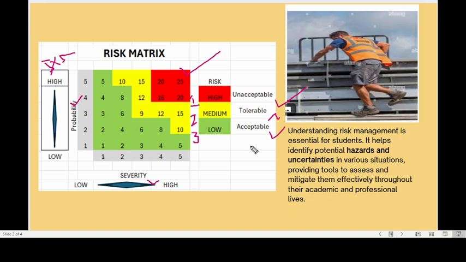This risk assessment is then recorded in the HIRA document, which helps teams plan their work safely. It ensures that safety controls are applied before work starts.